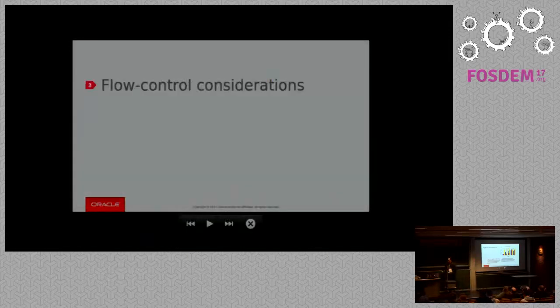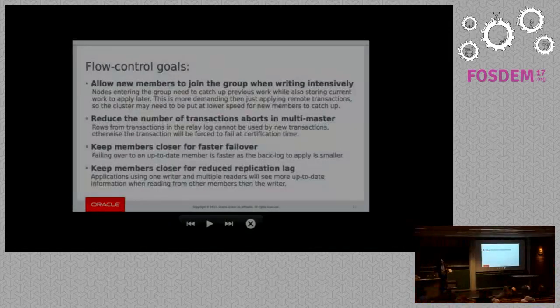So, one other thing that we decided, that, of course, Galera also has, is that it's important for us to keep the nodes mostly, and I mean mostly, close, but not exactly in sync, because if you let the master go at full speed in some situations, there's no way the slave can keep up.